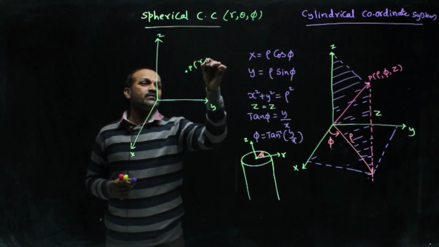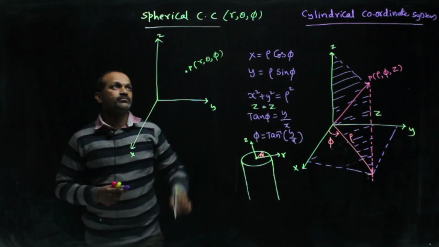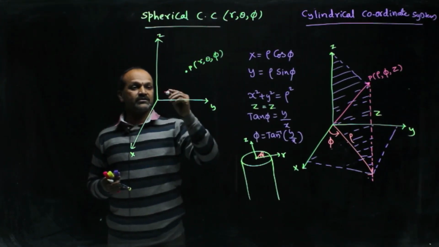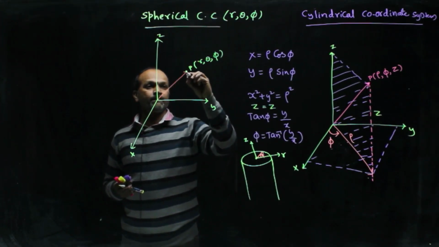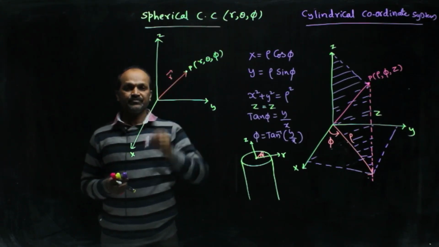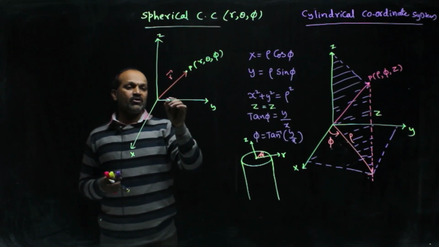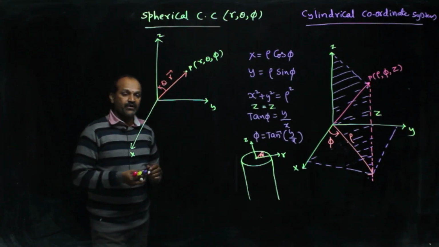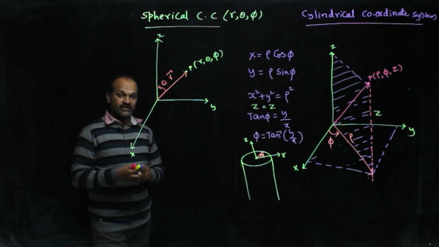These are the spherical coordinates. Okay, we will draw that vector r bar, and this r bar makes angle theta with z axis.